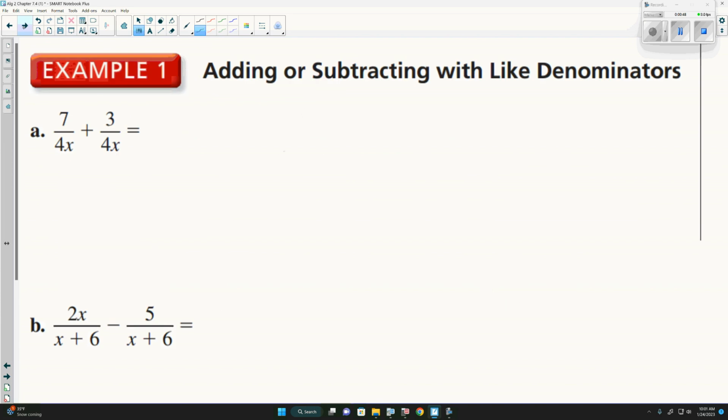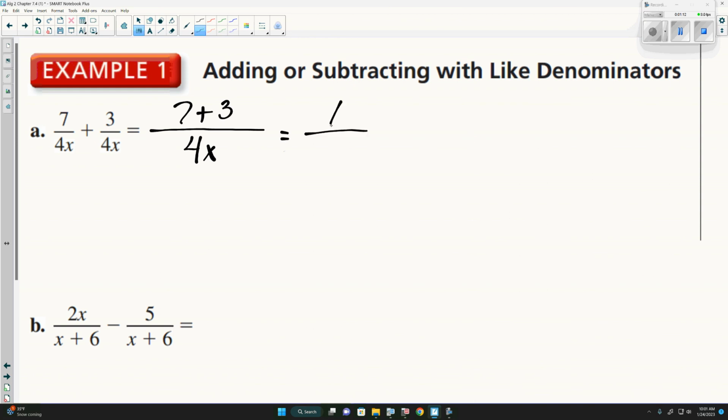So, if we look at the first one here, 7 over 4x plus 3 over 4x. Well, the denominators are the same, and the denominator will stay the same. We're just adding or subtracting the numerators. Here we're going to add the numerators. So we're adding 7 and 3.